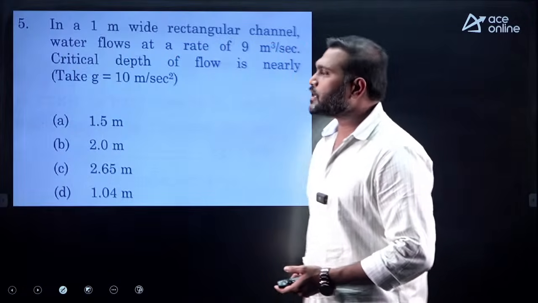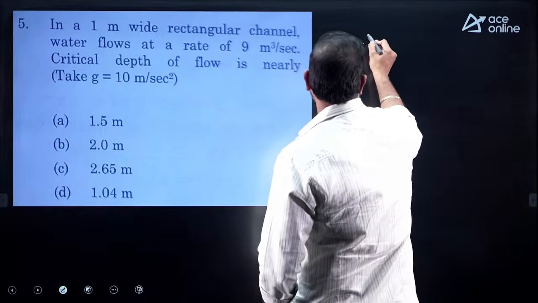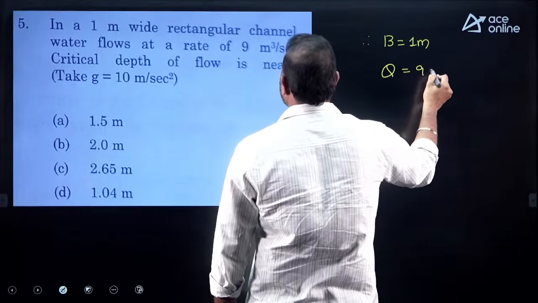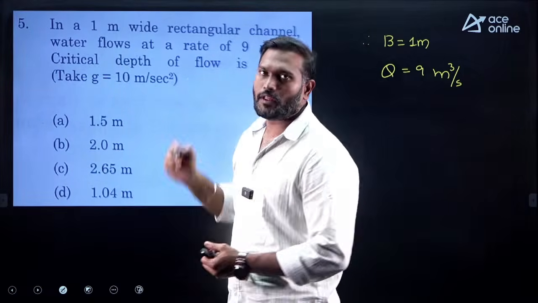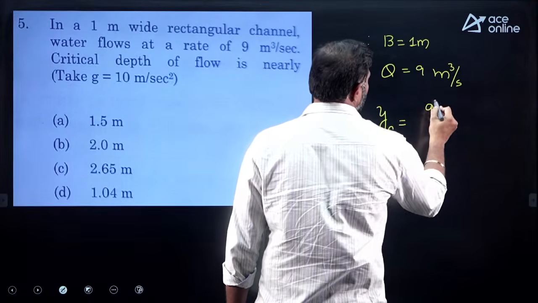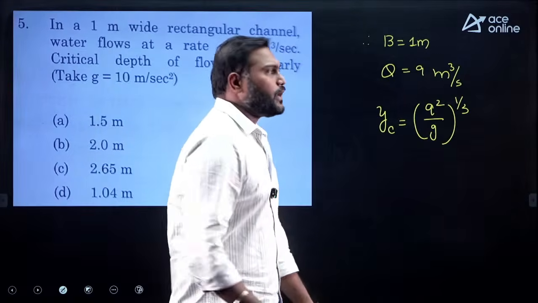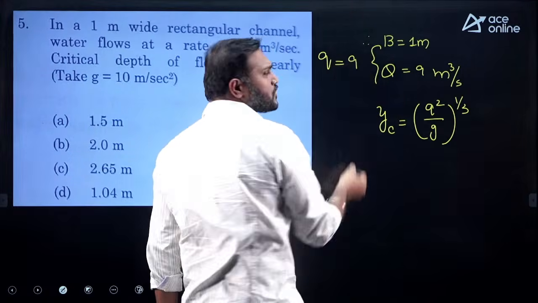In the case of open channel flow, they asked a question with respect to the critical depth. Given the width of a rectangular channel B is equal to 1 meter and the discharge is given as 9 meter cube per second. What they are asking is the critical depth of the flow. For a rectangle, the critical depth is yc equal to (q square by g) whole to the power of 1 by 3, where small q is the discharge per unit width, which is 9 by 1, that is also 9.